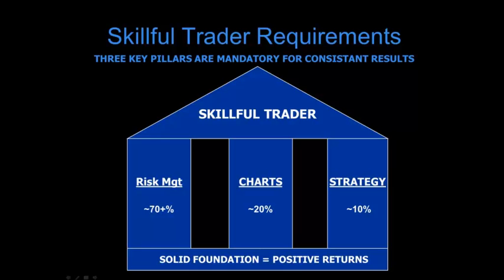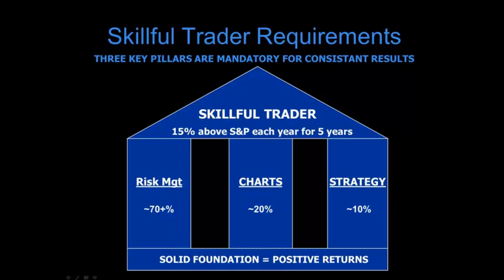So now you've selected your strategy not first, but after the underpinnings of your risk management have been defined for this particular trade, as well as how this trade fits into your overall portfolio, as well as the bias in the chart. So strategy comes last. But if you were to read a lot of these emails that you get in your inbox, you would think strategy comes first. But it does not, and this is where a lot of folks screw up.